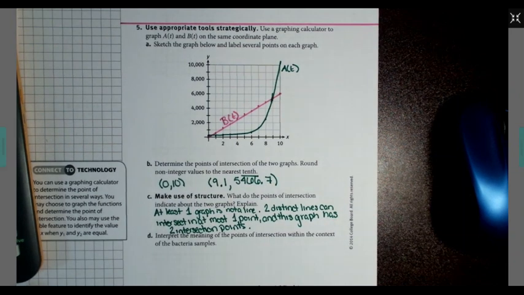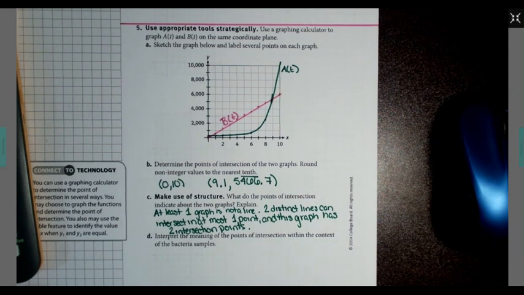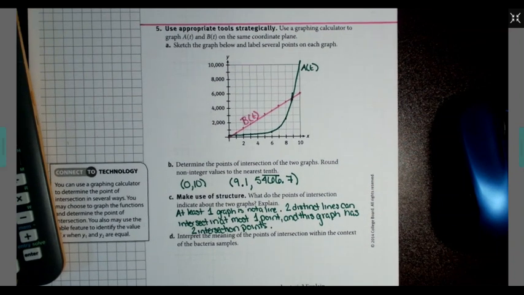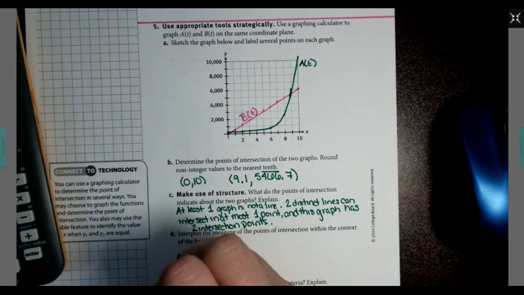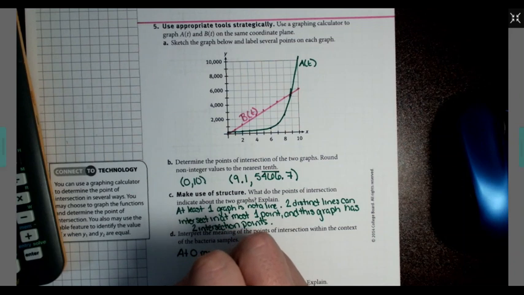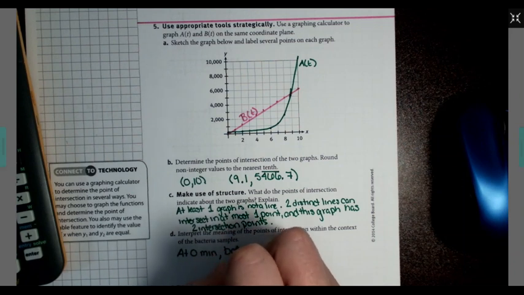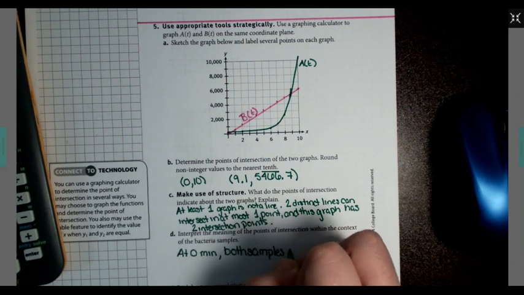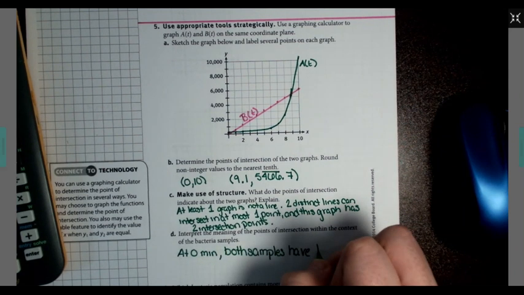All right. Interpret the meaning of the points of intersection within the context of the bacteria of the samples. So what this is saying is that at 0 minutes, both samples have 10 bacteria.